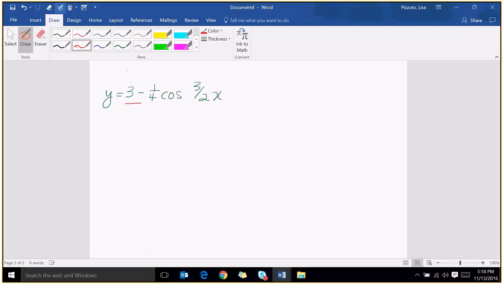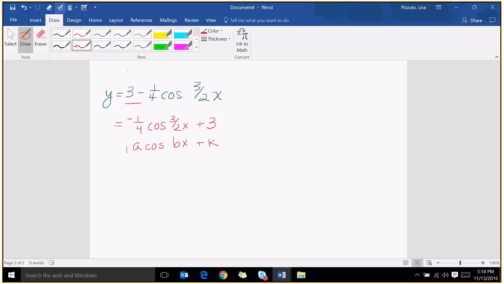So some people like to rewrite it so that it's in the correct form. So it makes it a little easier to identify all the values. Does that make sense? So if I wrote my value underneath, this would be a cosine b of x, there's no h, plus k.